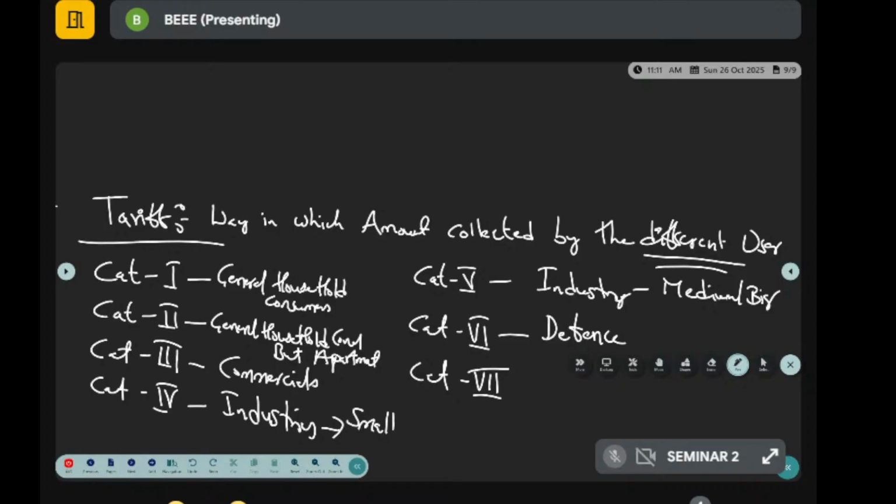Government employees? No. Government employees may be category 1, category 2. They will live in house only, na?